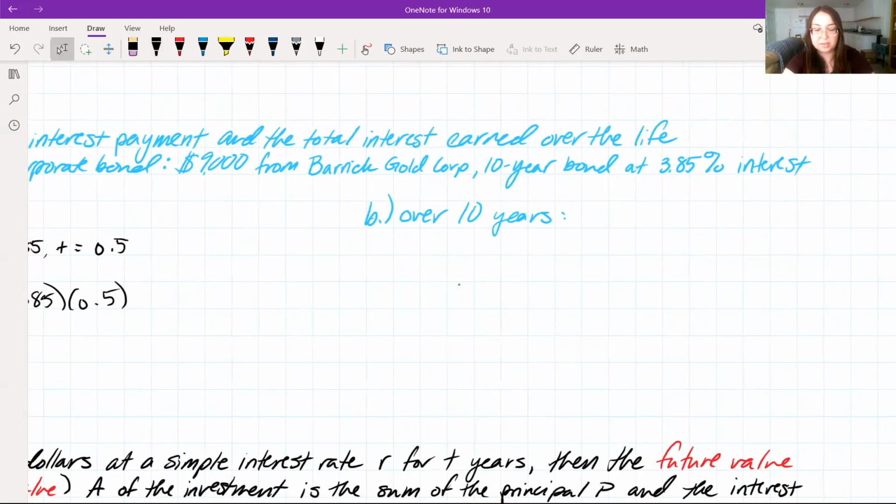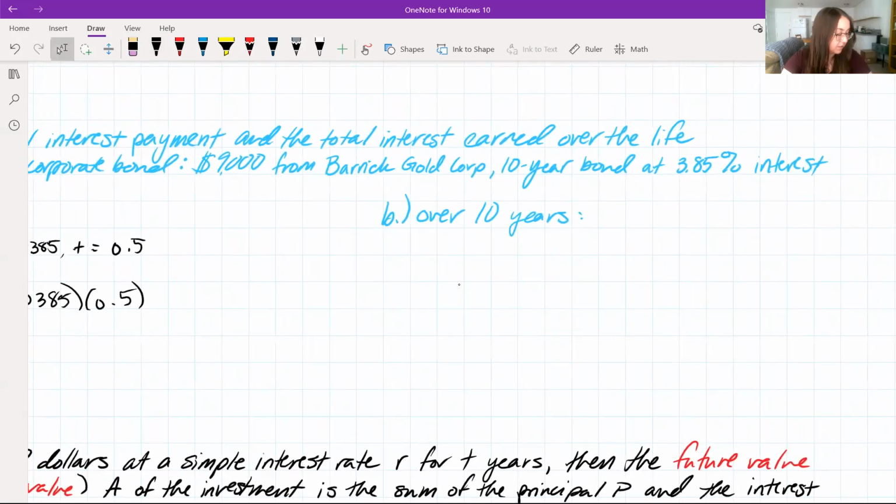All right, so now we see part B, which we want to see over 10 years. So since we're using our simple interest equation, our corporate bond, since this is its one exception, we calculate our simple interest the exact same way, and now for time, we're saying 10 years. So if we write this, our principal stays the same at $9,000, so does our rate, 0.0385, and now our time is 10.